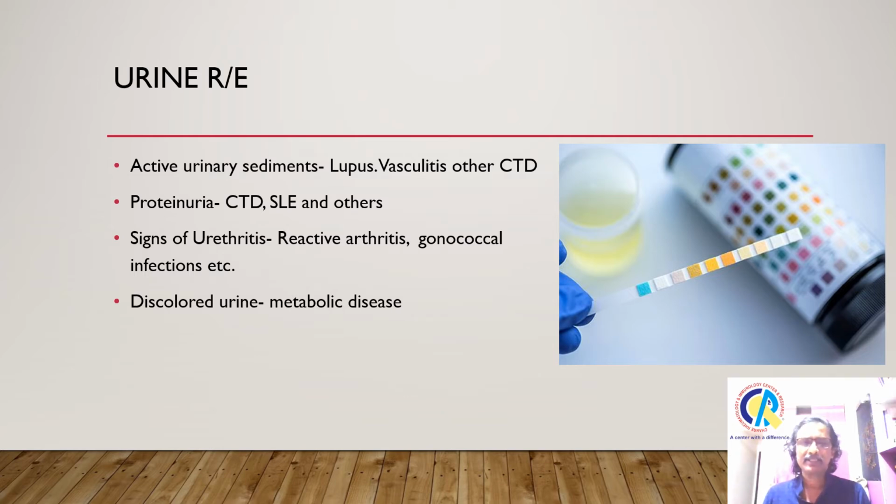These can all present like a reactive arthritis. Discolored urine can reflect several metabolic diseases. The best example is alkaptonuria, where you can have black colored urine after the urine stands, and one can see the discolored urine.